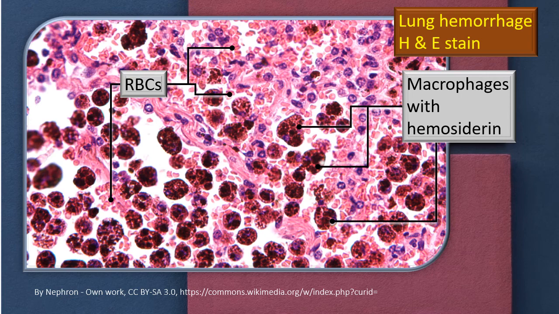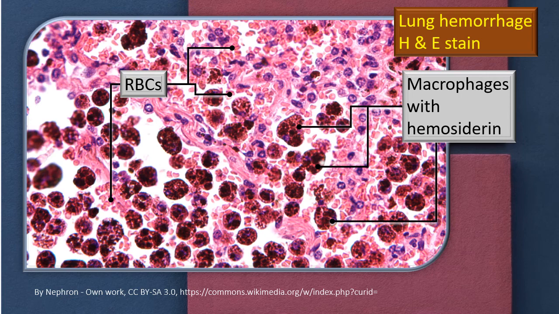Third, it can occur secondary to a backlog and the back pressure. Let's say there is a heart failure and there is an excess backlog of blood in the lung intraalveolar septum. In that case, also you can see this.